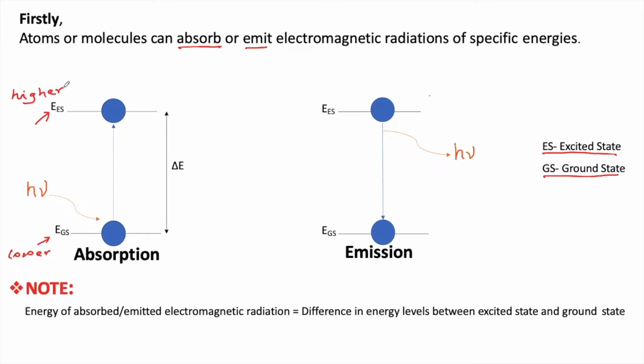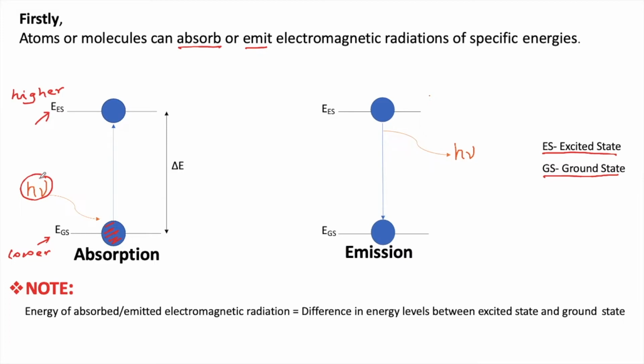So we have a particle, which can be an atom or molecule, which has electrons associated with it. When it is made to interact with electromagnetic radiation whose energy is hν, and it absorbs those radiations, what will happen? Its energy will increase, so that particle can no longer stay in this ground state energy level.